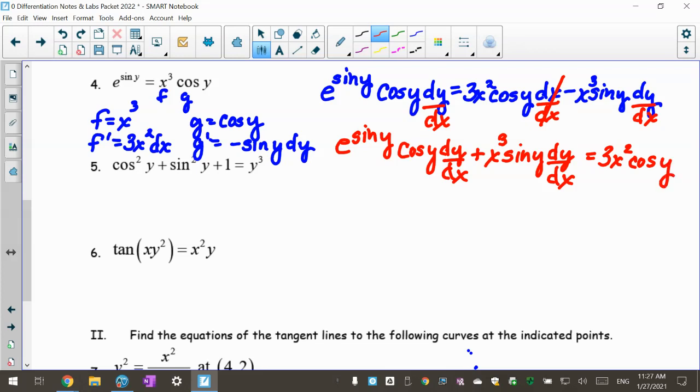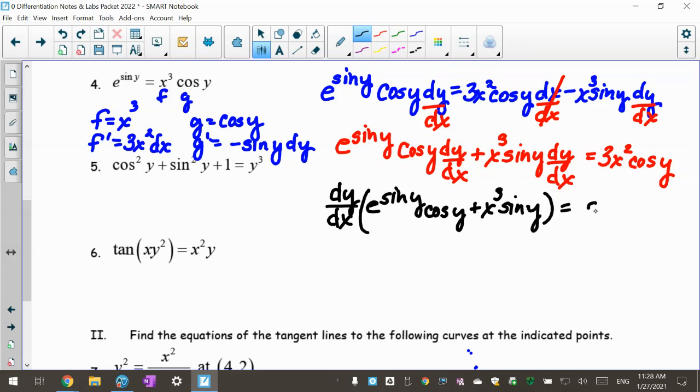Lots of times in this step, I'll factor out the dy dx at the beginning, and that's fine. I'm going to do it now. It just saves you a step. So I'm going to factor out the dy dx out of both these terms. I have e to the sine y cosine y plus x cubed sine y equals 3x squared cosine y.